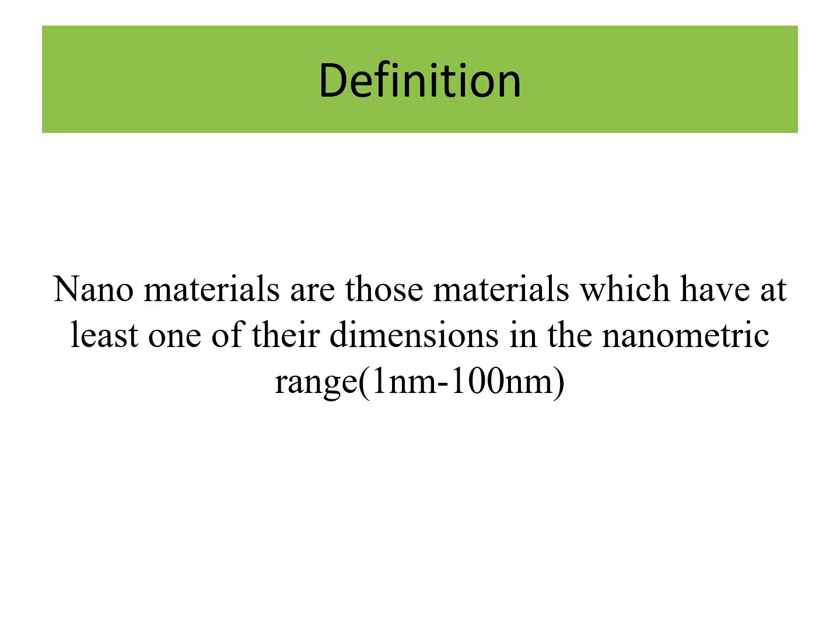So here basically the definition we can talk about regarding nanomaterials. So these are the materials which have at least one of their dimensions in the nanometric range, that is 1 nanometer to 100 nanometer.